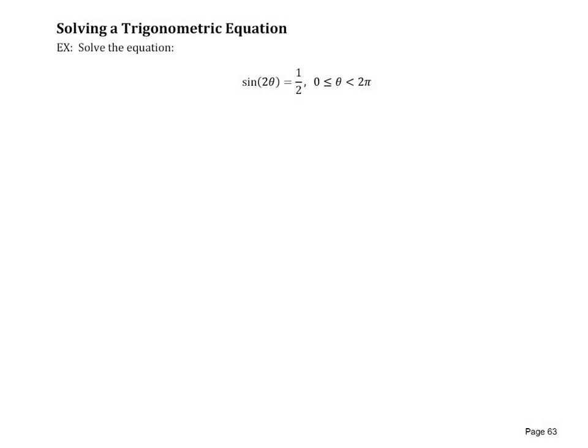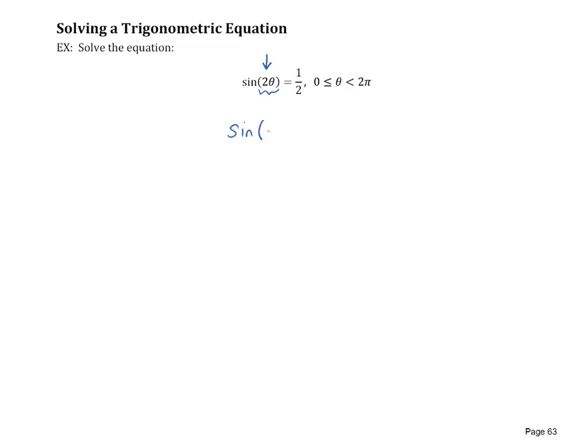Now, in this particular case, we've added an additional wrinkle to the problem in that we have not only just theta inside here, but a 2 theta. So what we will do to solve this is the same process as before, but our first step will be to say, okay, what angles would have been inside here?